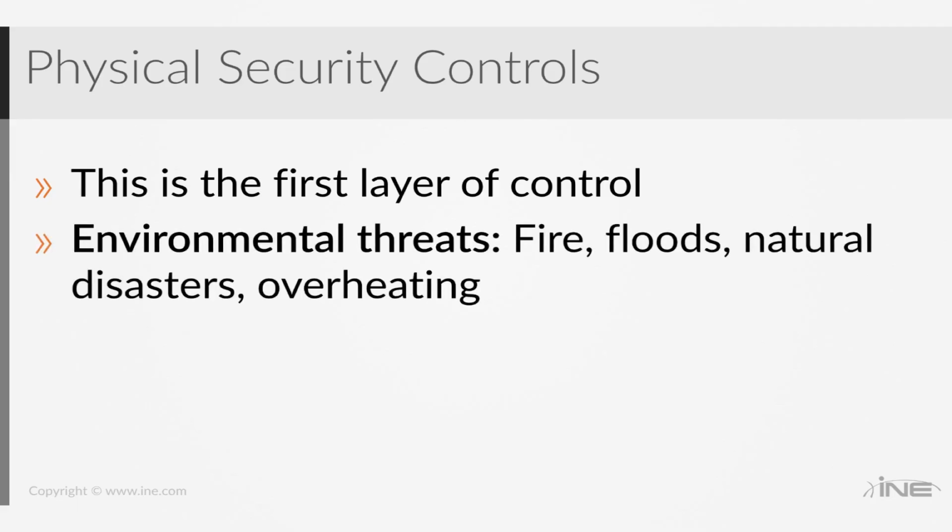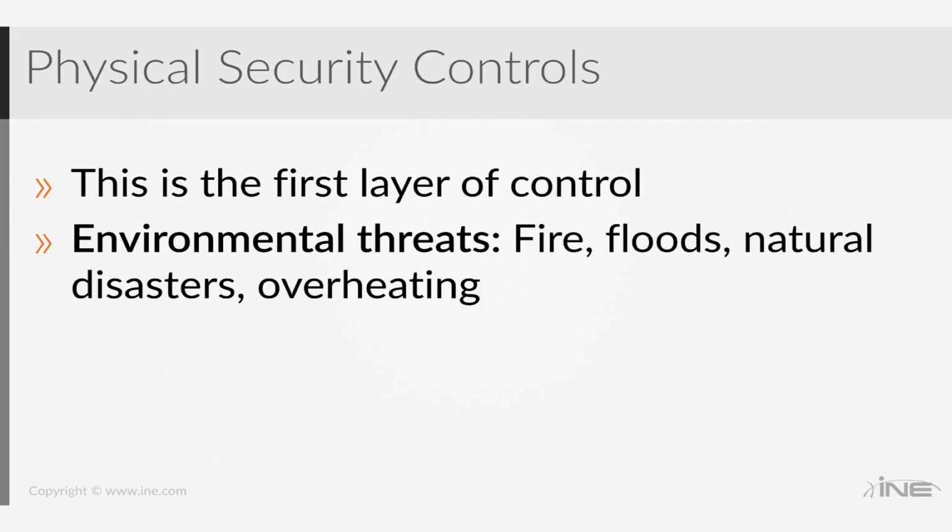Then environmental threats that threaten physical security, I'm sorry to be circular here, are things like fire, floods, natural disasters, even overheating if care is not taken in the data center or server room. Those are environmental threats to security, and they might be as bad as an attack.